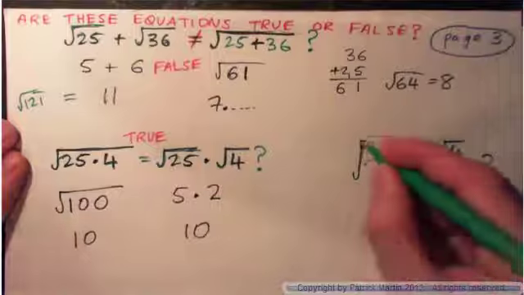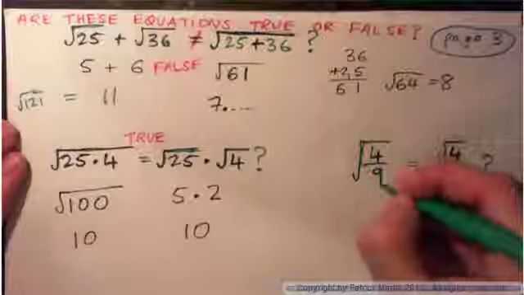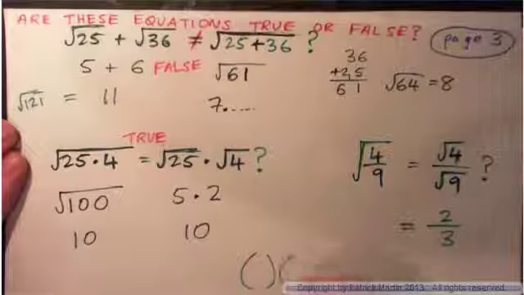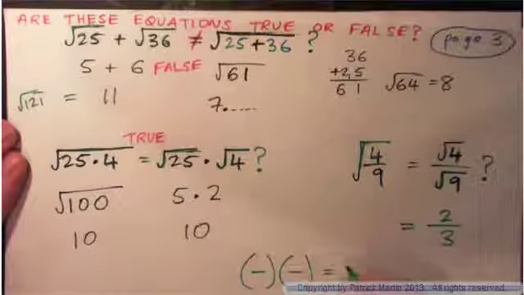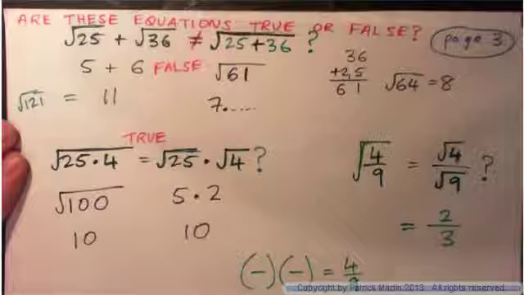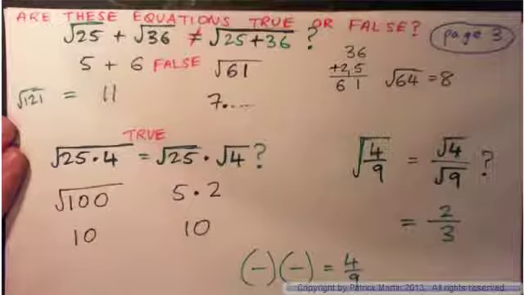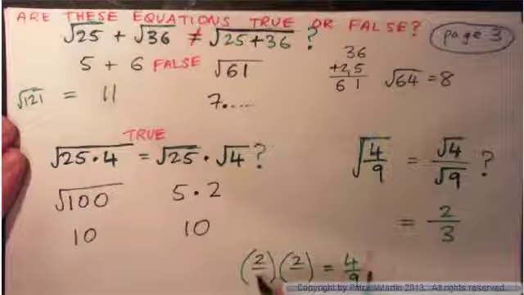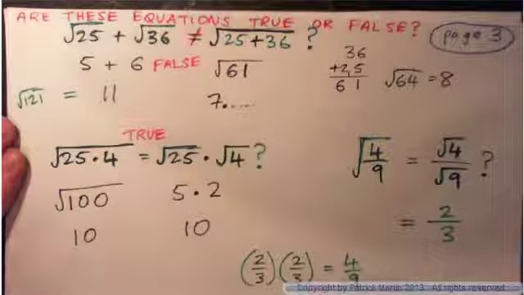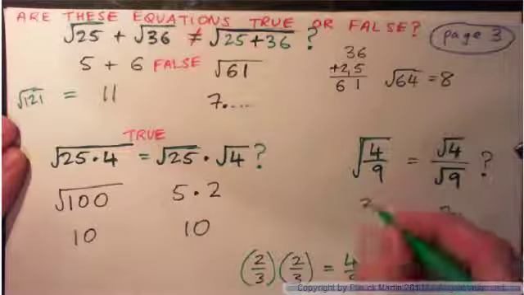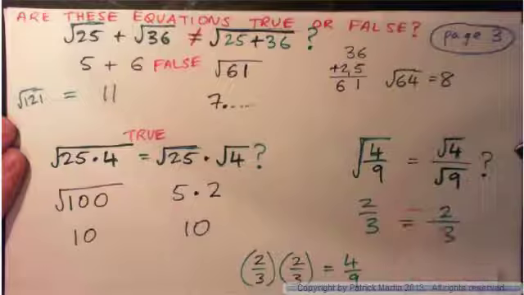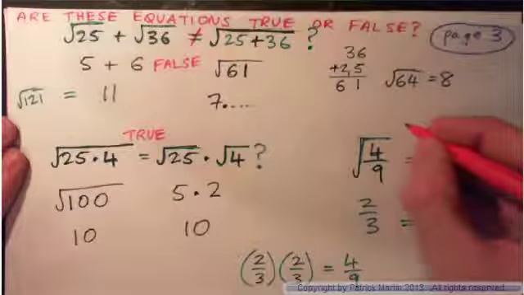Now if I was to get the square root of 4/9, I'd be asking what times itself will give me 4/9. What fraction multiplied by itself gives 4/9? Can you answer that? Well, 2 times 2 would be 4, and 3 times 3 would be 9. So root of 4/9 has to be 2/3, right? So when I calculate the left and right hand side of this, I get the same thing, don't I?